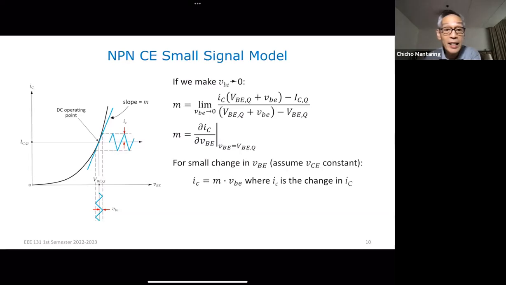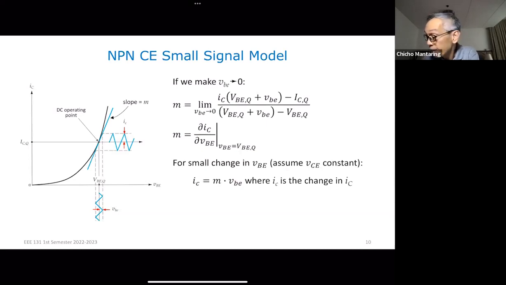My change in IC will be equal to this M multiplied by my change in capital VBE, which is going to be V small b small e. I hope you're not getting confused by the subscripts. Basta't pag capital, that is the total signal. Pag small, that is the time varying signal.